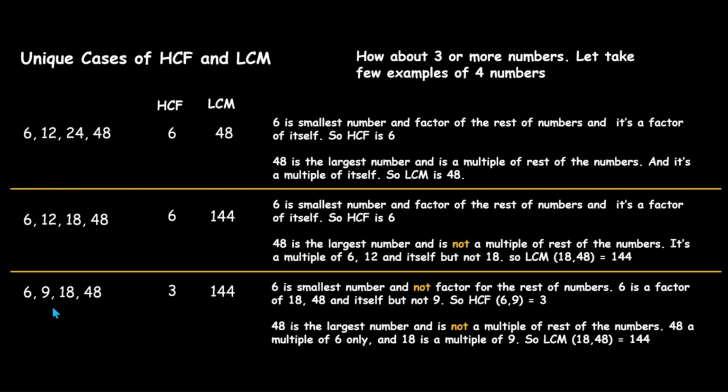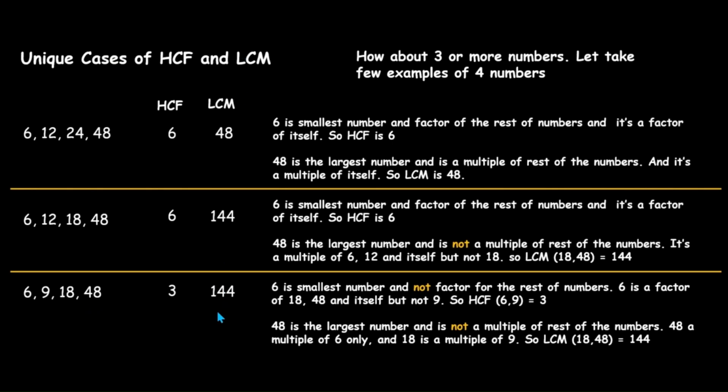So in this case, since 6 is a factor of 48, or in other words, 48 is a multiple of 6 and 18 is a multiple of 9, again we need to only calculate the LCM between 18 and 48, and we get again 144 as the LCM for these numbers.